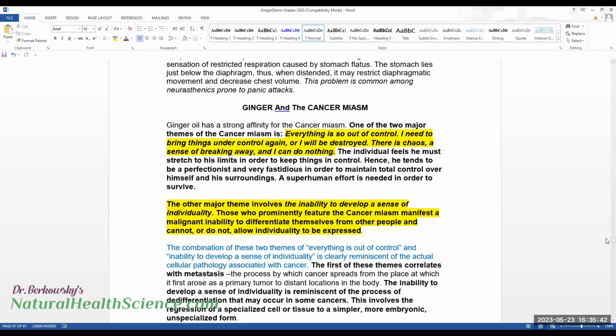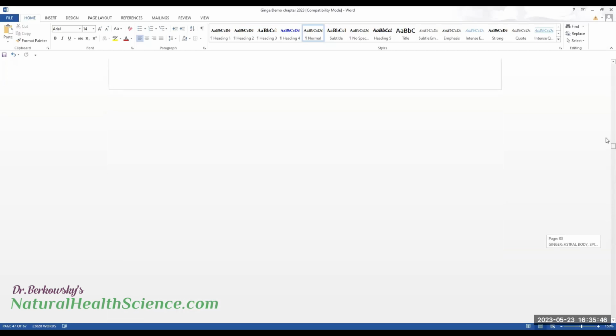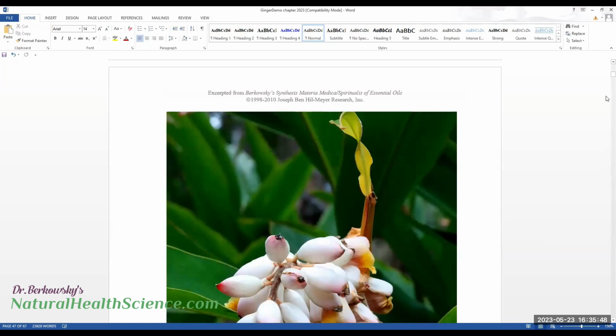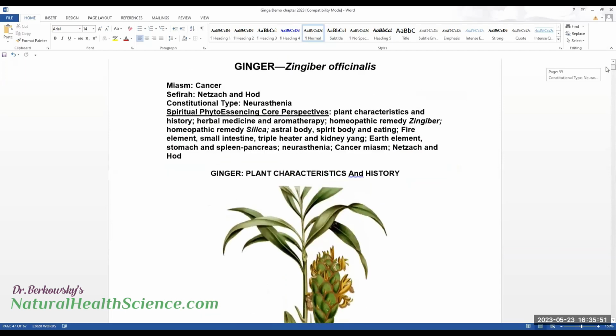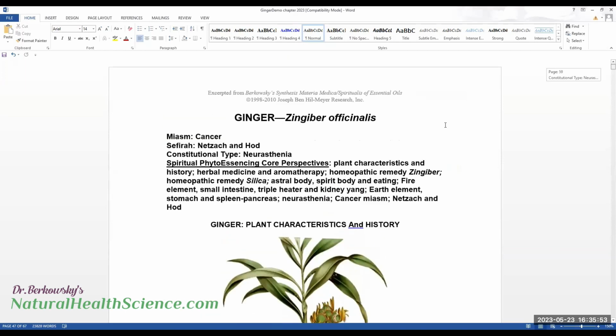So basically, when you look at a chapter, I'll go right here to the beginning first, and you go to the top of the chapter. These are all the parts of the chapter, in the sequence they appear.